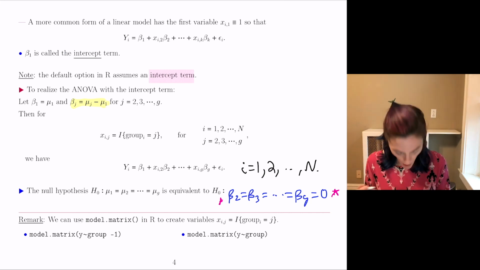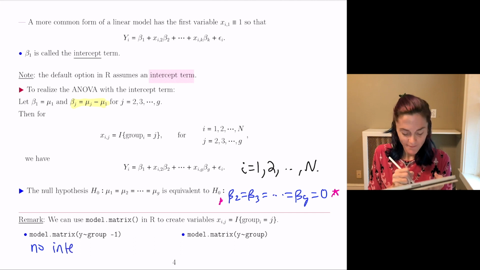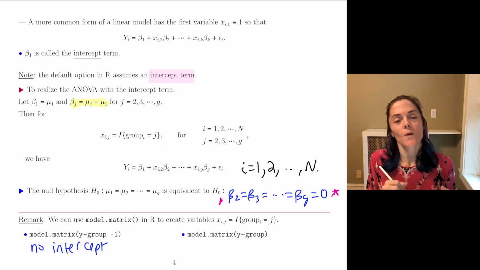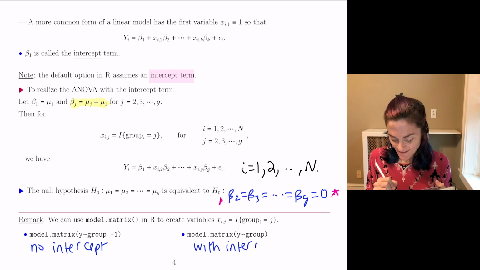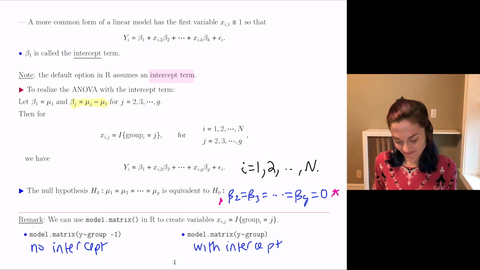The -1 means no intercept term. Without the -1, this is the default, with the intercept. So let me just switch to R to show you these two commands briefly.